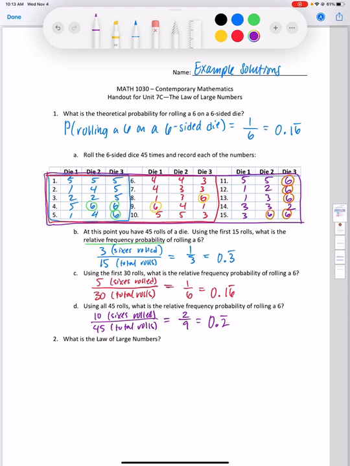This brings us to the idea of the law of large numbers.